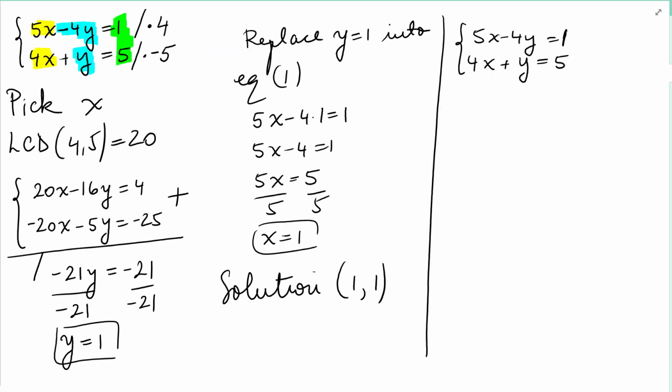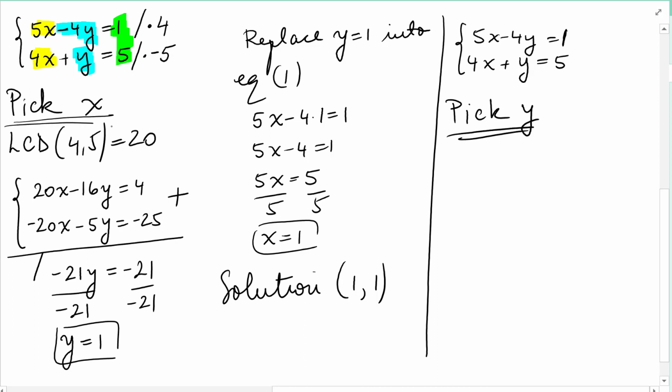Now, what if we had the same system of equations, 5x minus 4y equals 1, 4x plus y equals 5, but we picked y to eliminate? Before, we picked x. Now, in front of y is negative 4, and in front of this y, it's actually plus 1, right? So what's the LCD of 4 and 1?